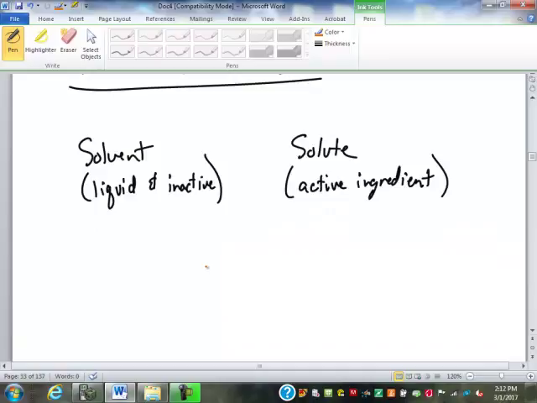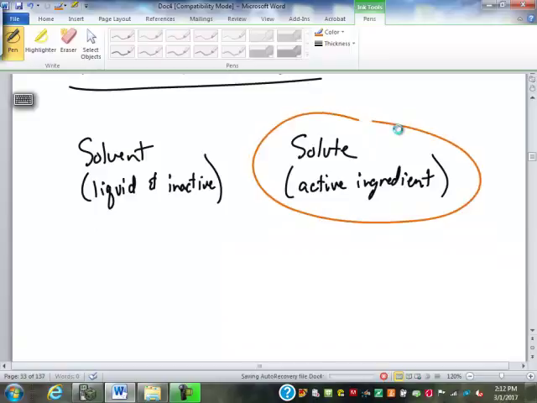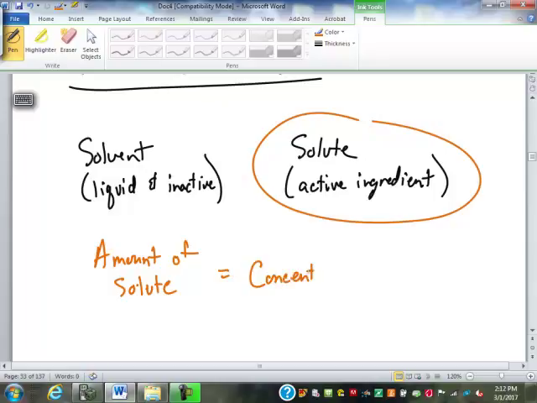So the amount of the solute that's in the solution, that's that active ingredient, is equal to the concentration times the total volume.